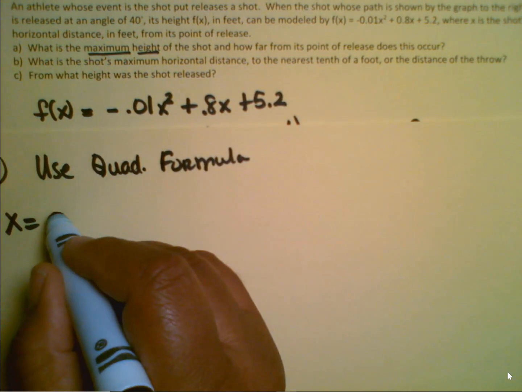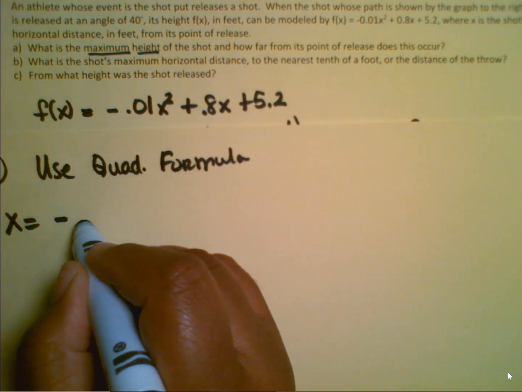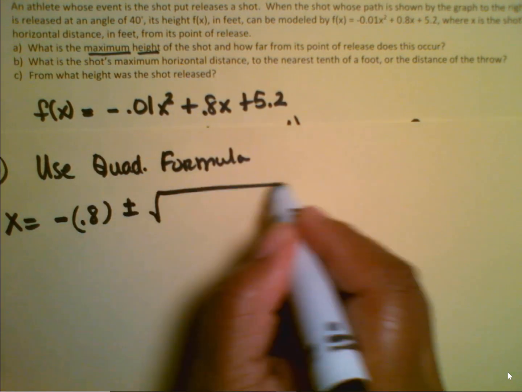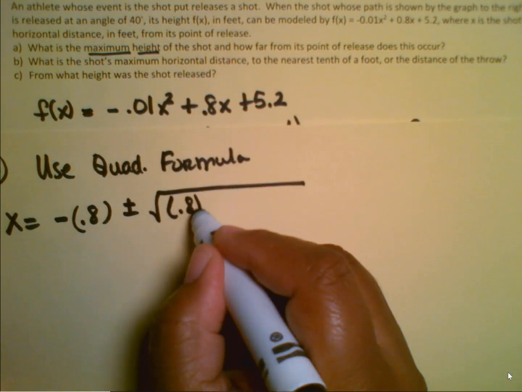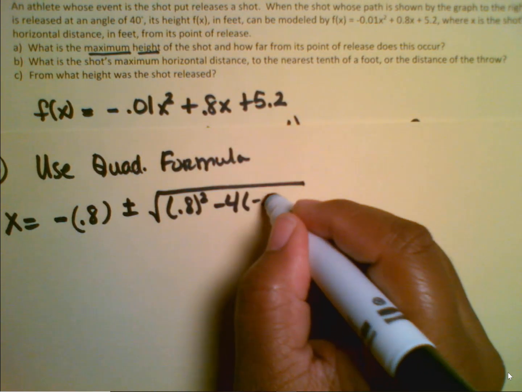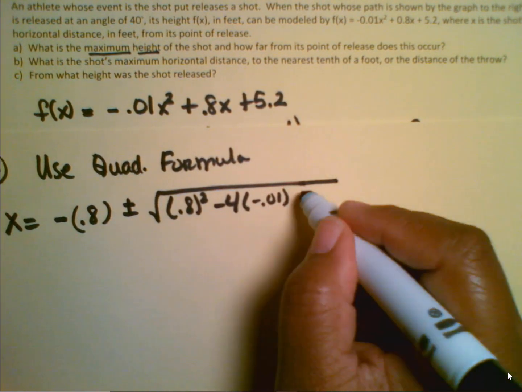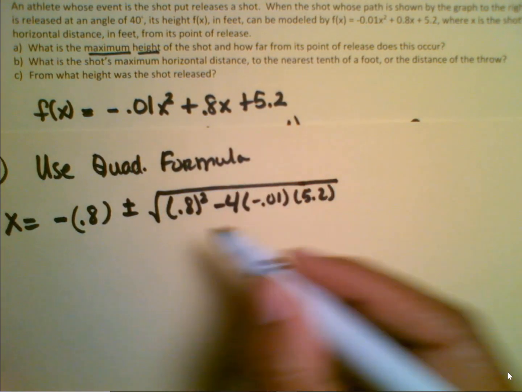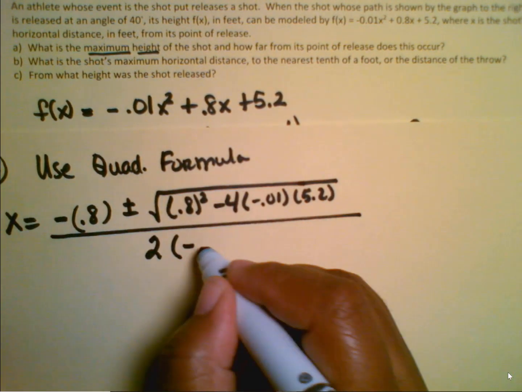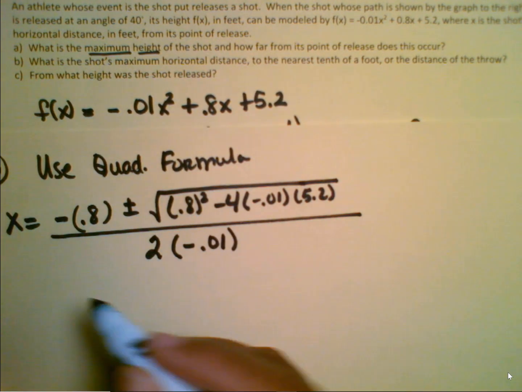So x is equal to negative times 0.8 plus or minus the square root of 0.8 squared minus 4 times negative 0.01 times 5.2 all over 2 times negative 0.01.